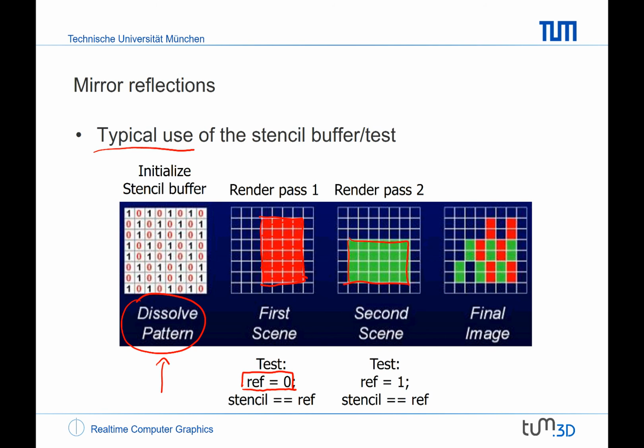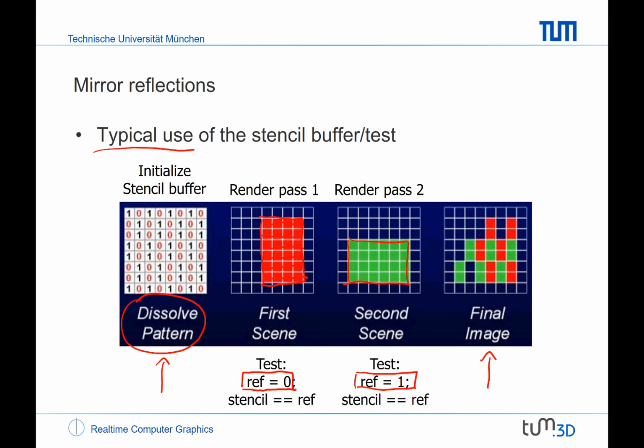Then we render the green polygon, and we change the stencil reference value to 1, so the green fragments should only come through where the stencil value is equal to that reference value 1. At the very end, we obtain the image here.